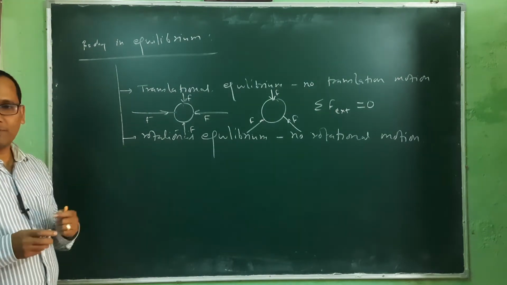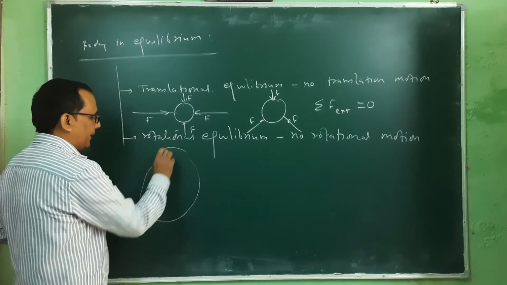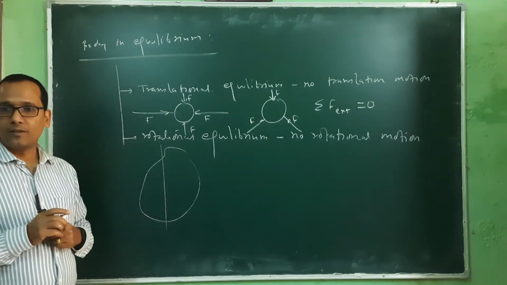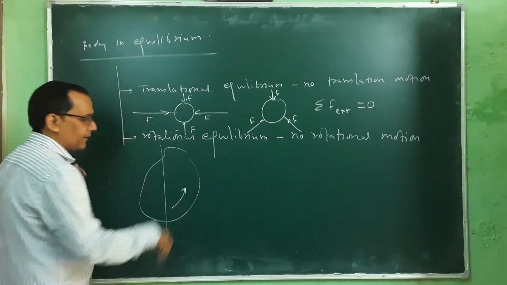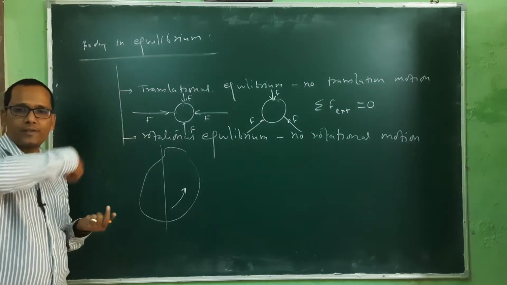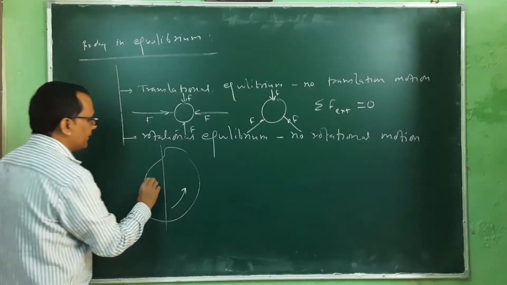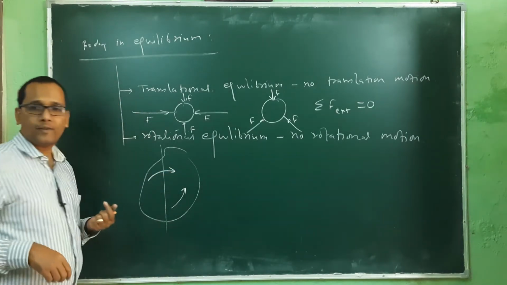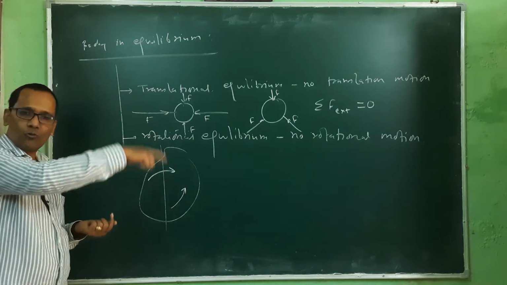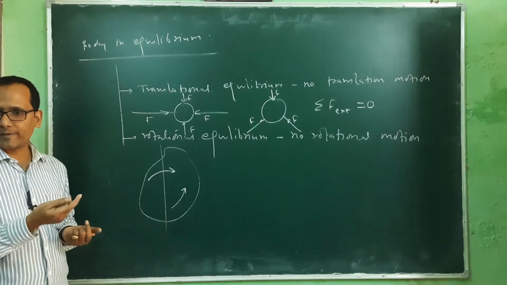Similarly, in rotational motion, if this is that body and this is that axis, one torque is applying along this direction and trying to rotate in the anti-clockwise direction, and a second torque is applying along this, trying to rotate that body in the clockwise direction.